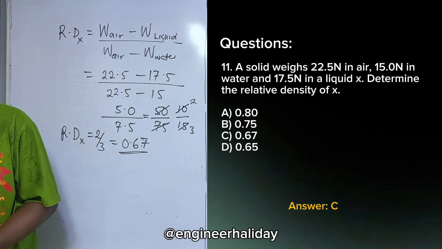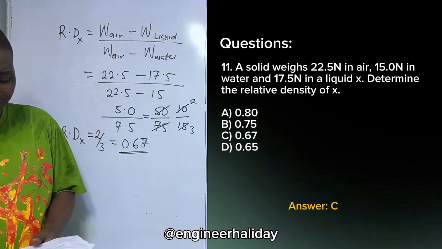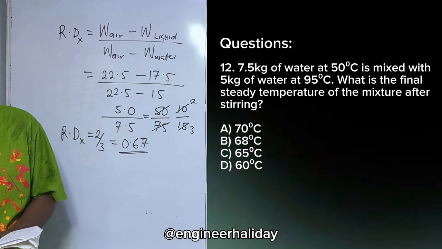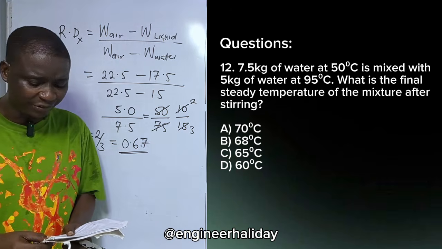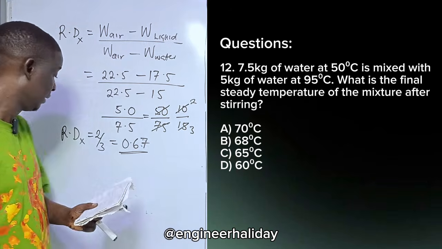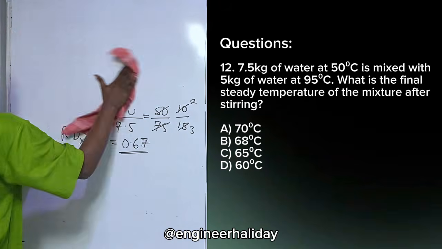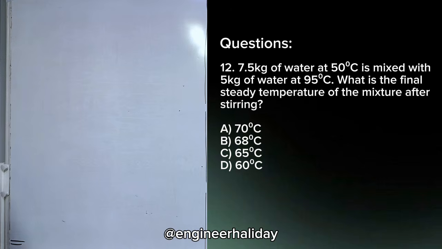Now we go to the next question. Which question are we now? We are in number 12. They said a 7.5 kilogram of water at 50 degrees is mixed with, now we are mixing, 7.5 kilogram of water.